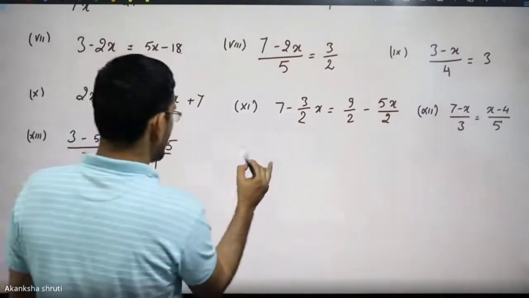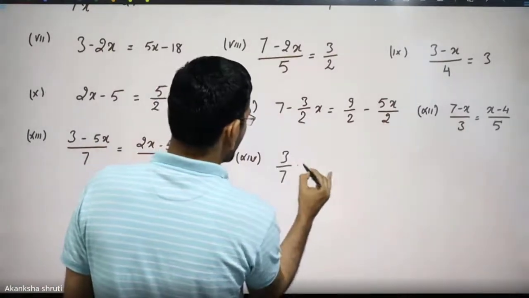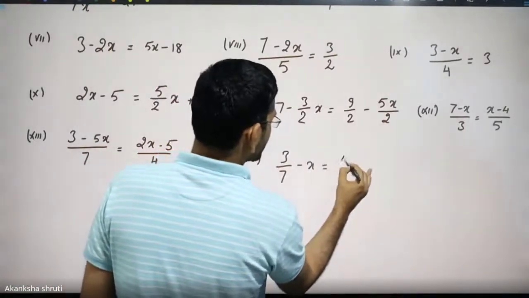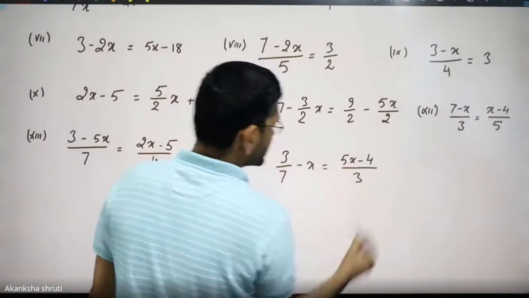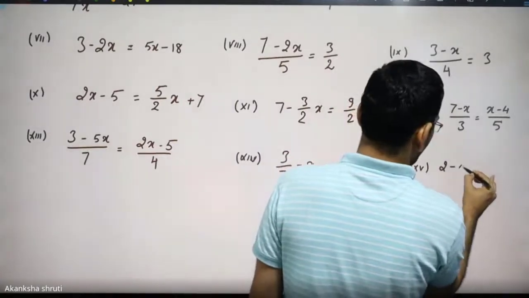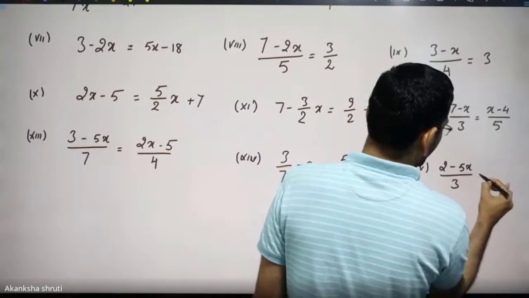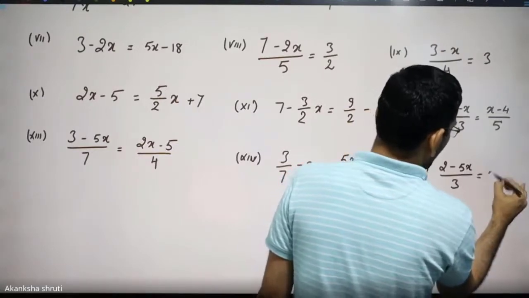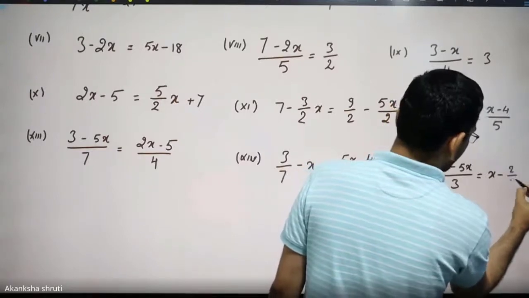The next one is 3/(7 - x) = (5x - 4)/3. The 15th one, (2 - 5x)/3 = (x - 2)/3.